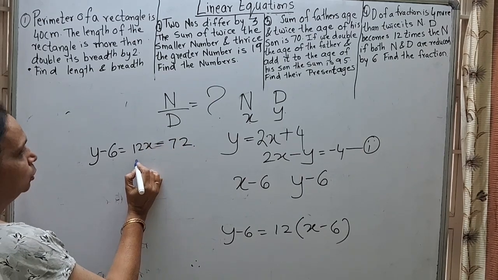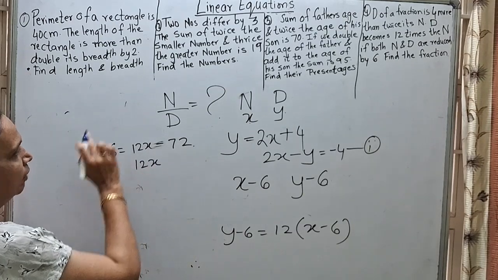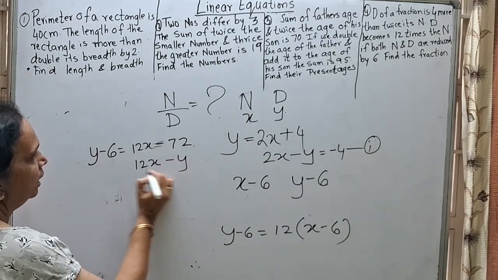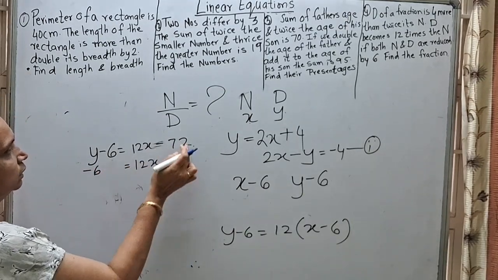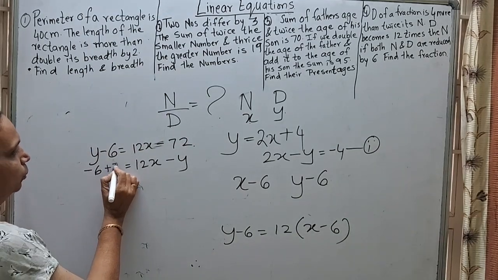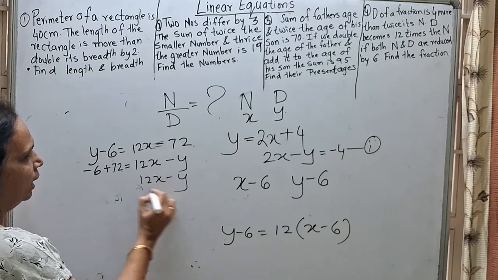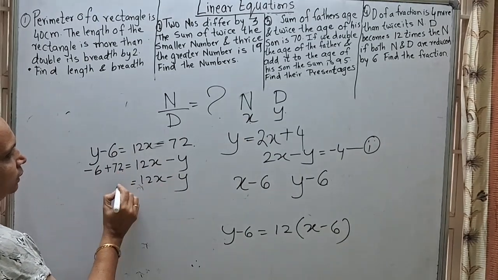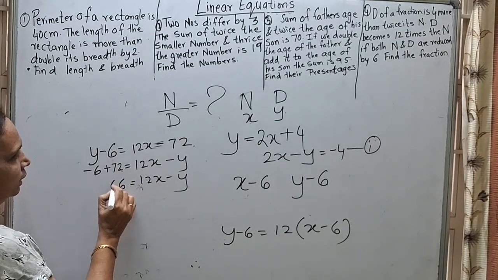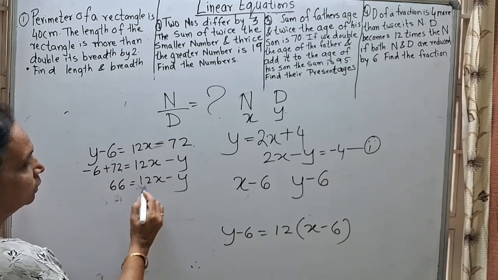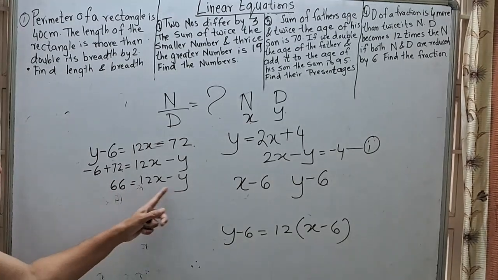So 12x, this y will come here, minus y is equal to minus 6, this comes here, plus 72. So 12x minus y is equal to 12 minus 6 is 6, and 6. I got this, so this is my second equation.